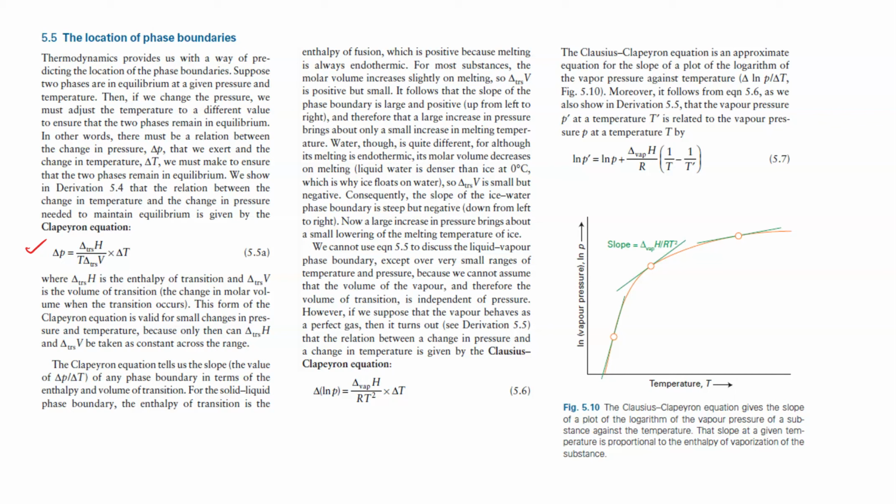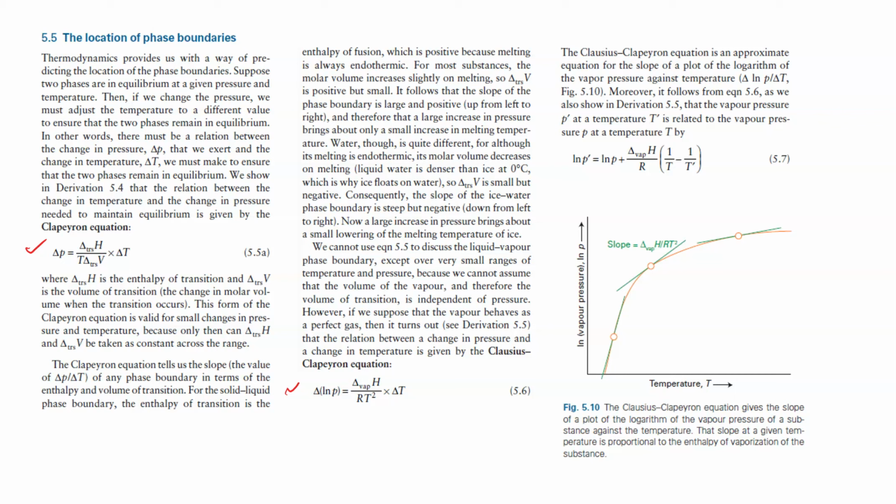We cannot use equation 5.5 to discuss the liquid-vapor boundary, except over very small ranges of temperature and pressure, because we cannot assume that the volume of the vapor, and therefore the volume of the transition, is independent of pressure. However, if we suppose that the vapor behaves as a perfect gas, then it turns out, based on derivation 5.5, that the relation between a change in pressure and a change in temperature is given by the Clausius-Clapeyron equation, which is what follows in equation 5.6 here, where we've got a little bit of a modification to what we saw before.